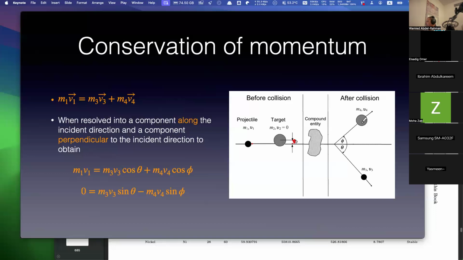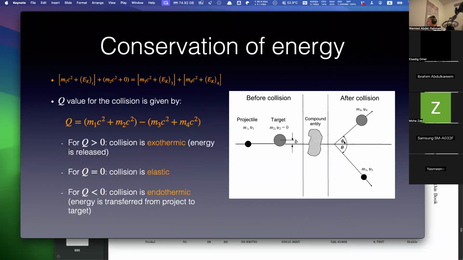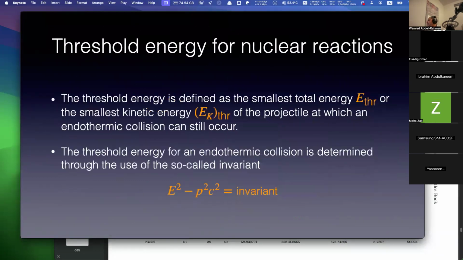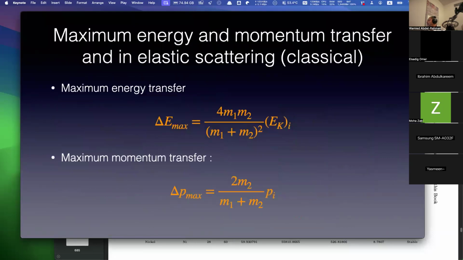We would expect this particle and this particle to be along this line, and that will represent the maximum energy transfer. So in a head-on collision, when phi equals 0, that represents the maximum energy transfer.